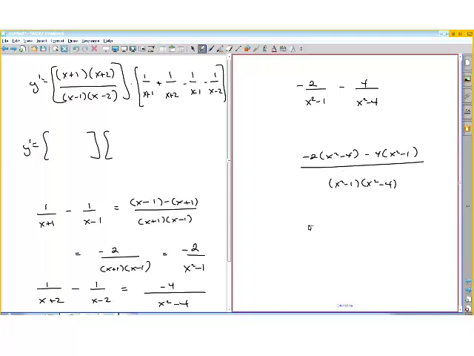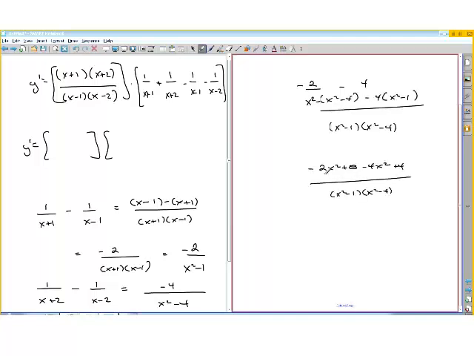Multiply that out, we'll get negative 2x squared plus 8 minus 4x squared plus 4, all divided by x squared minus 1 times x squared minus 4. And so you get negative 6x squared plus 12, all divided by this stuff.